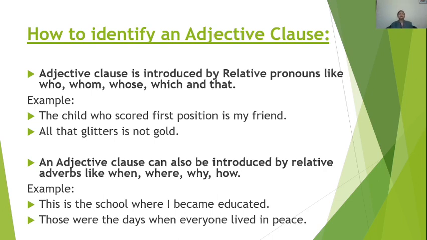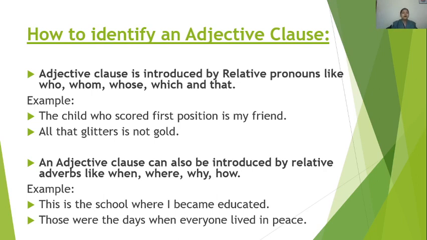Look at here. The child who scored first position is my friend. Now suppose if I have to pick out or identify the adjective clause, so what do we need to do first? We need to find out the relative pronoun that is going to introduce my adjective clause. And I told you what the relative pronouns are? Who, whom, whose, which, and that.